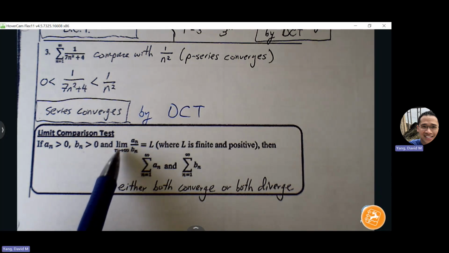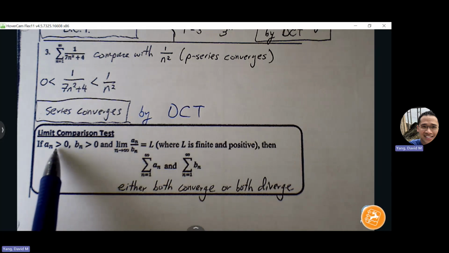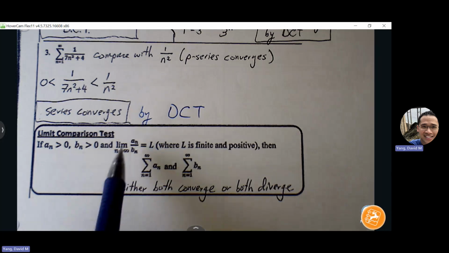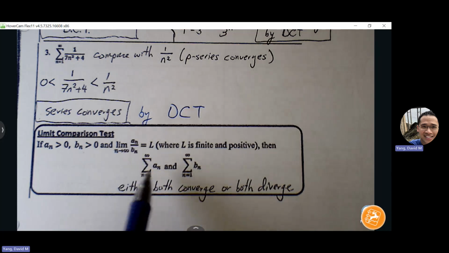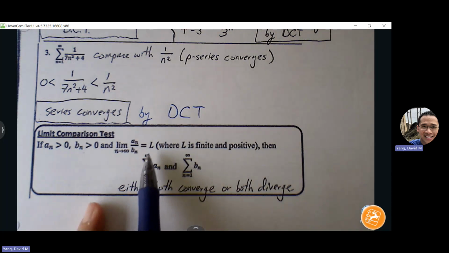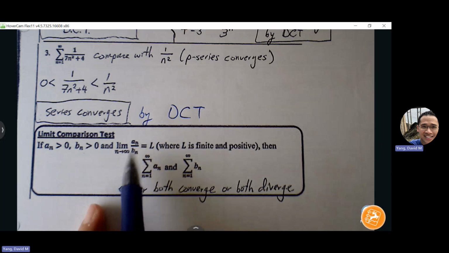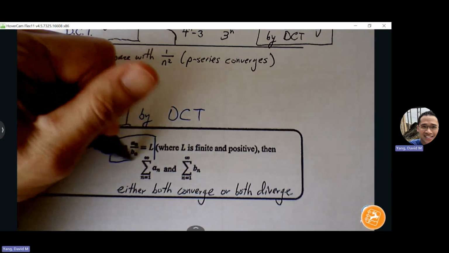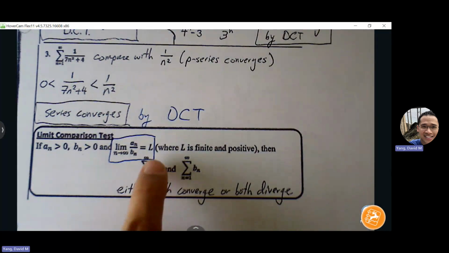The idea is that once I identify that simpler series, I'm going to divide them. Whether I divide one over the other, A over B or B over A, doesn't really matter. The important thing is that we take the limit as n approaches infinity and see what we get in return.